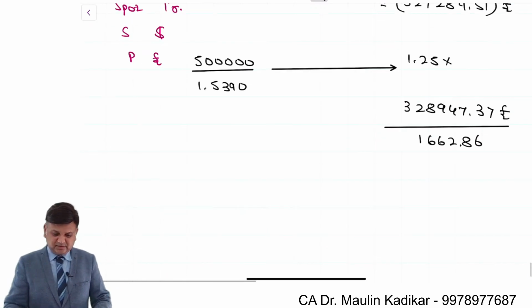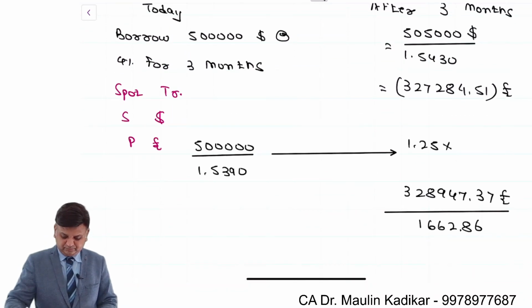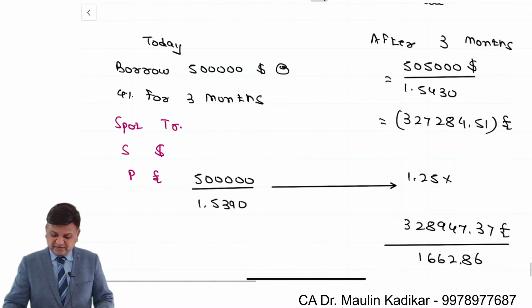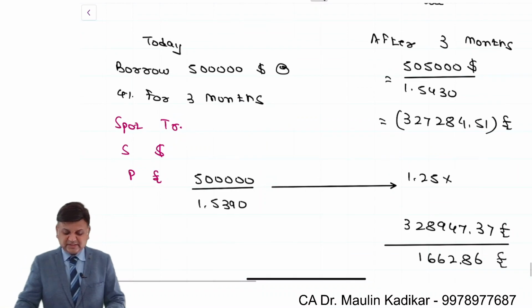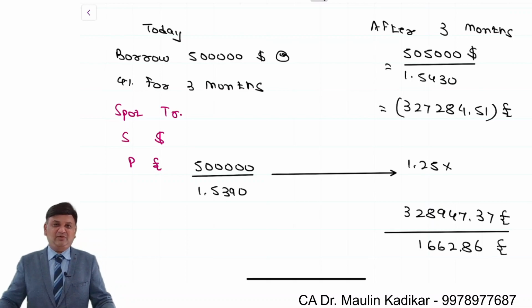Yes, that is correct. So this is the amount of the surplus that you have in pound currency at the end of the 3 months. We are going to present this properly, but this is the answer that we have to write.